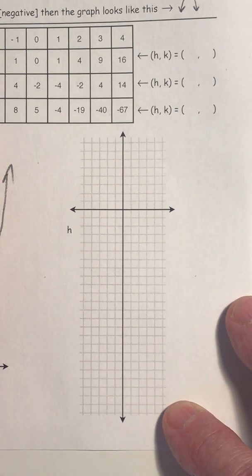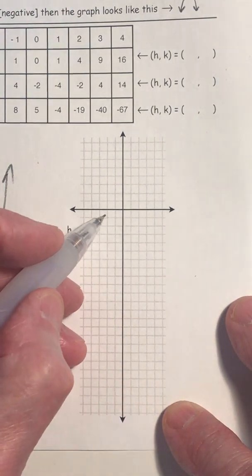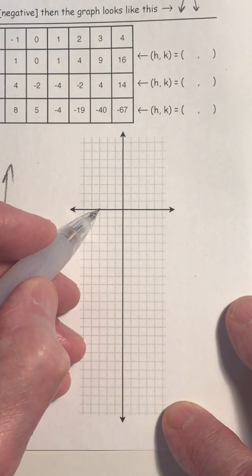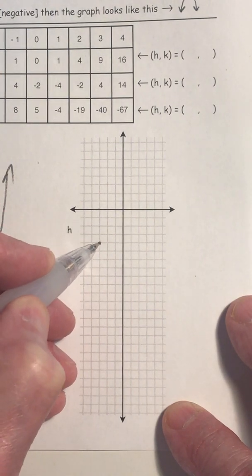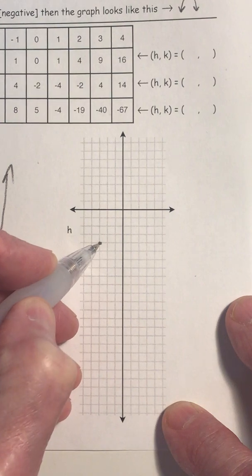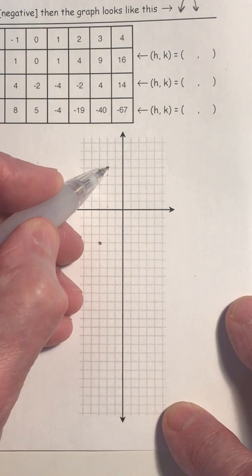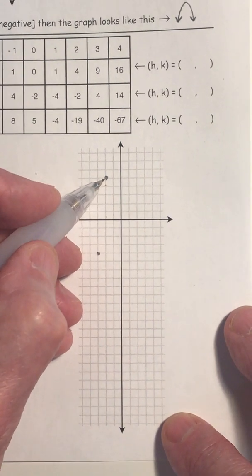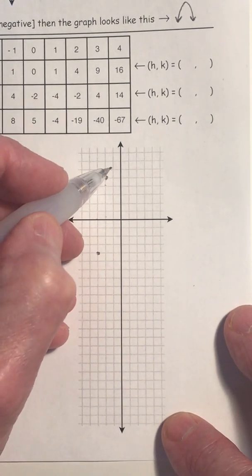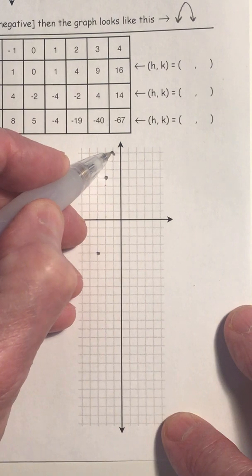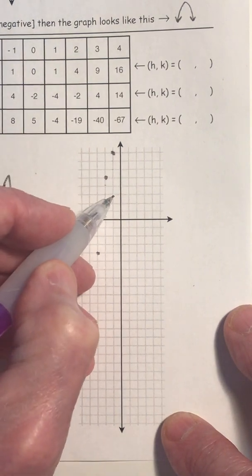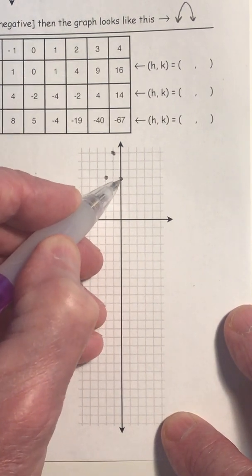Then h of x, at -3 for x, we got -4 for y. And at -2 for x, we've got 5 for y. At -1, 6, 7, 8, we got 8. And at 0, we've got 5 again.